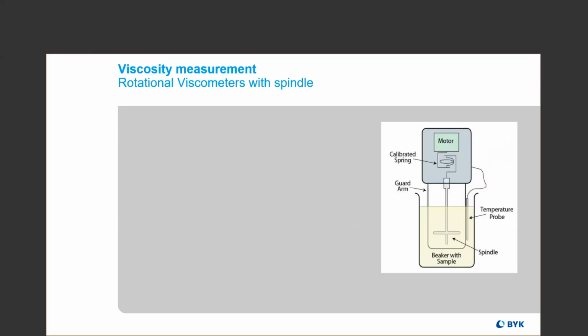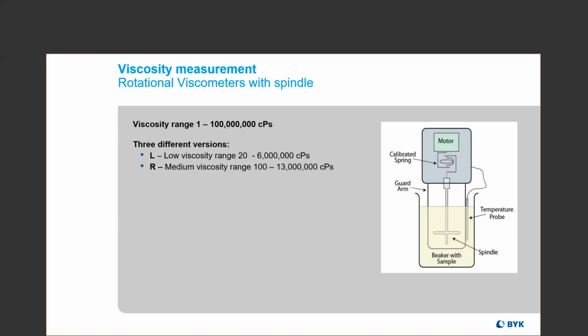And then we have other rotational viscometers that have a selection of spindles. These can measure anywhere from 1 to around 100 million centipoise. They come in 3 different versions generally, an L, an R, and an H. The L version is for relatively low viscosity liquids, and that can measure in the range of 20 to 6 million centipoise.